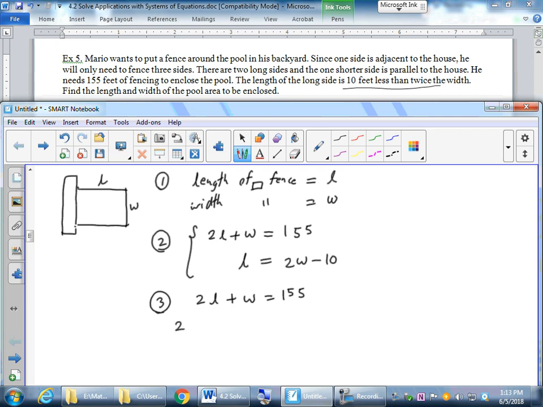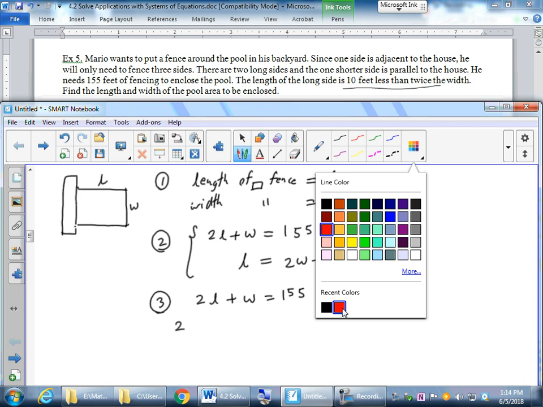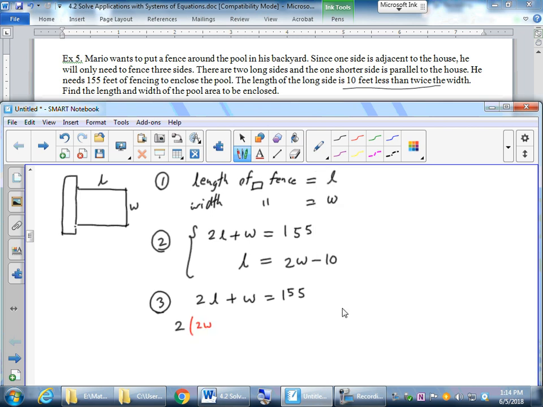So 2 times the length is 2W minus 10, substituting, and plus the width equal to 155. So distributing it, that will give me 4W minus 20 plus W is equal to 155. And adding up like terms on the left hand side, that will be negative 20 plus 5W is equal to 155.